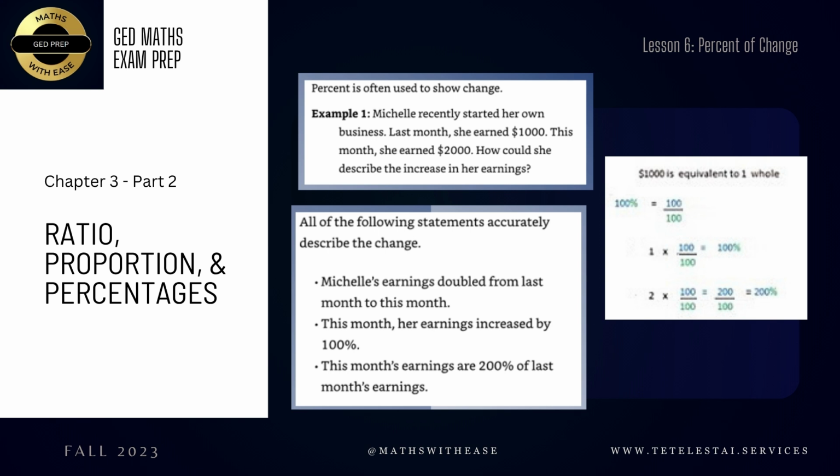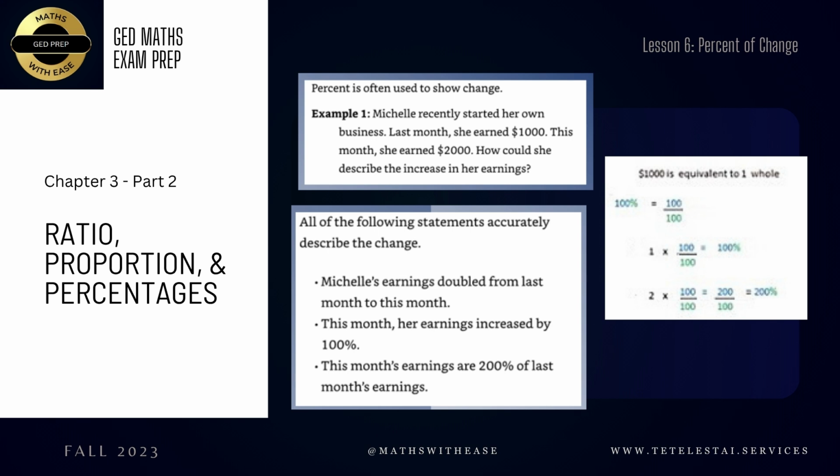We also can deduce from the information that we've been given that this month's earnings are 200% of last month's earnings. Again, if we wanted to find out the equivalent of her income, all we have to do is look at the new amount, which is $2,000. Since we've already determined that 1,000 is the equivalent of one whole, remember our lesson on ratios: if 1,000 is to 1, then 2,000 is to 2.